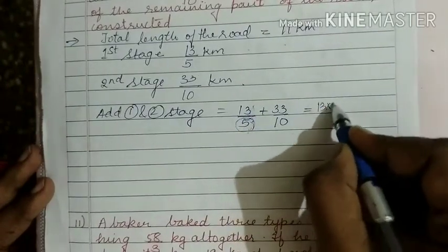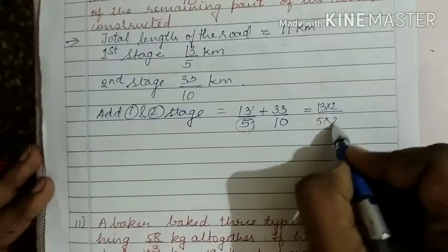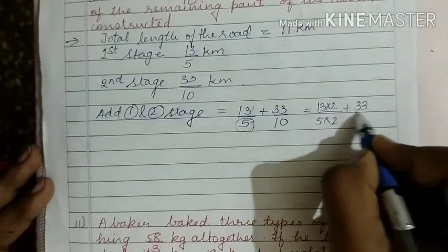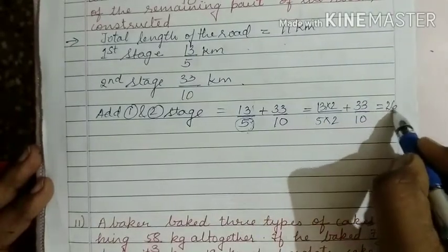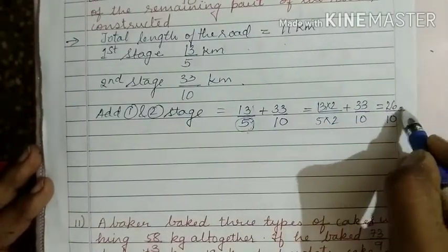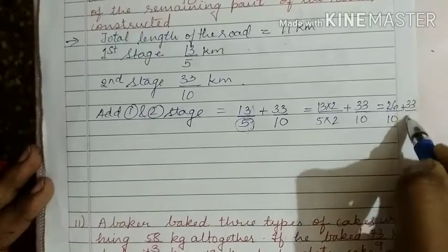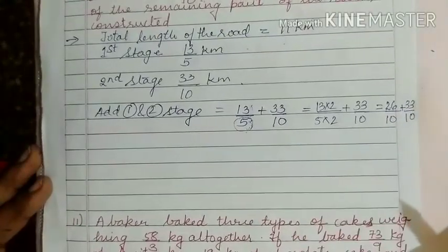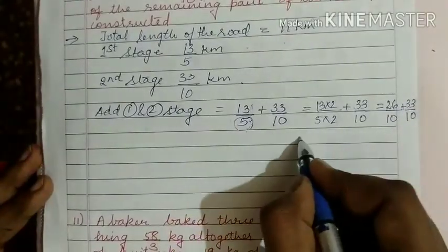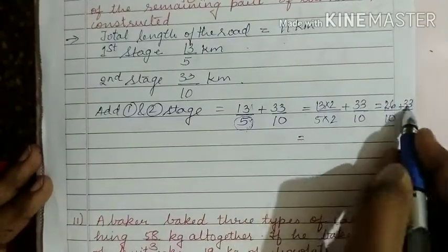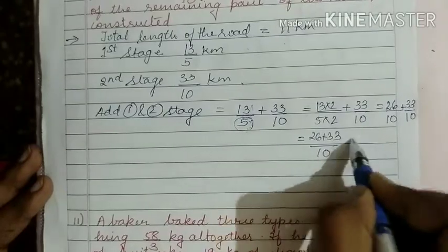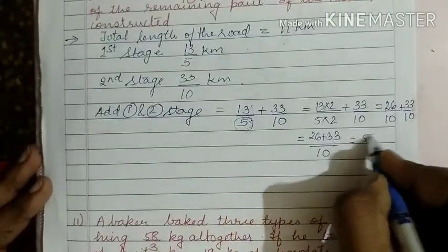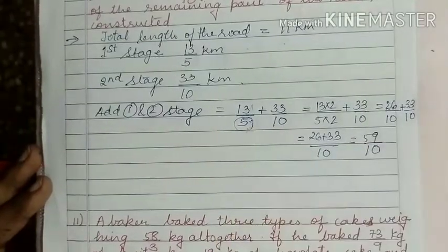So 13 into 2 upon 5 into 2 plus 33 upon 10, which is equal to 13 2s are 26 upon 10 plus 33 upon 10, which is equal to 26 plus 33 upon 10, which is equal to 59 by 10.